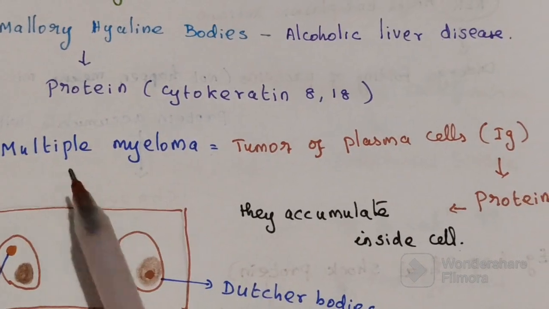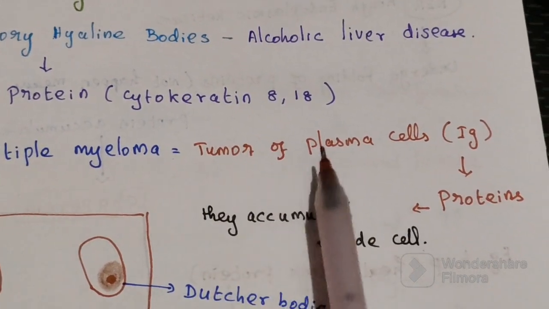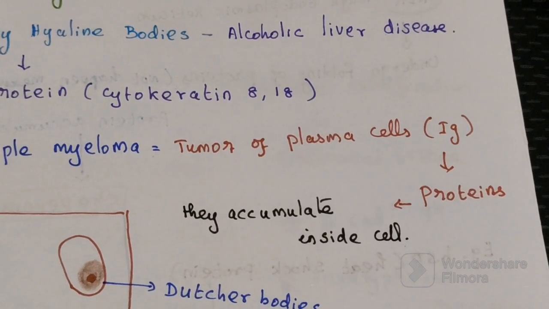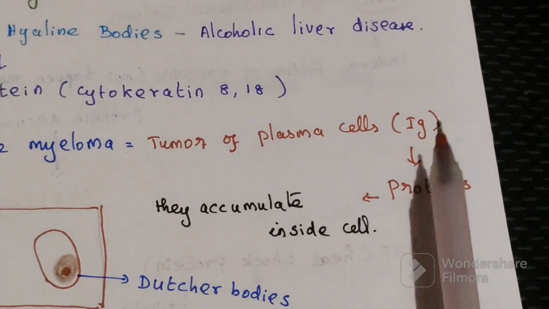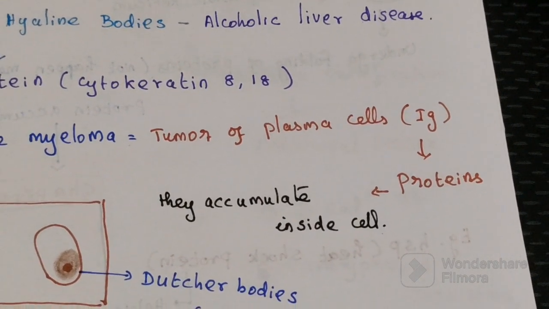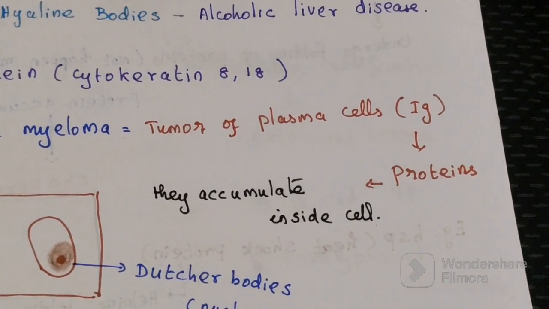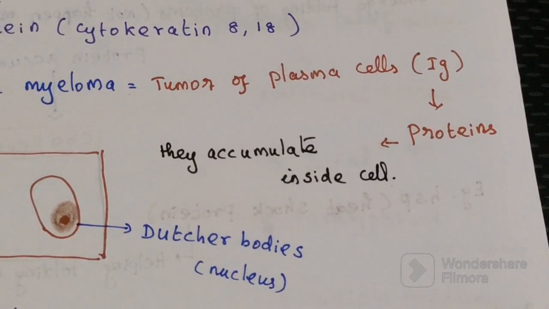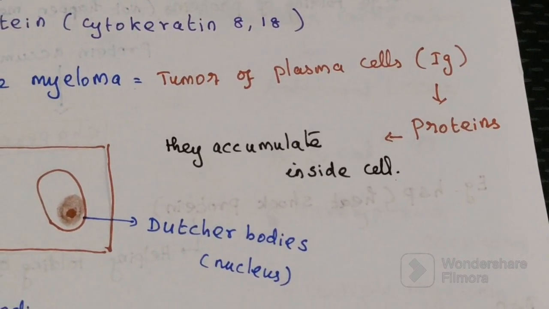What does a plasma cell do? It produces immunoglobulin. Multiple myeloma will produce more and more immunoglobulin. These immunoglobulins are nothing but protein.